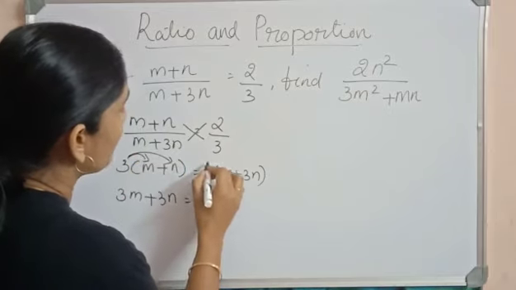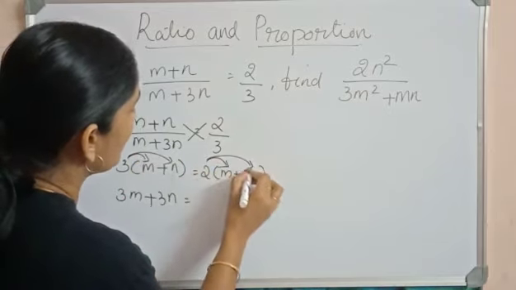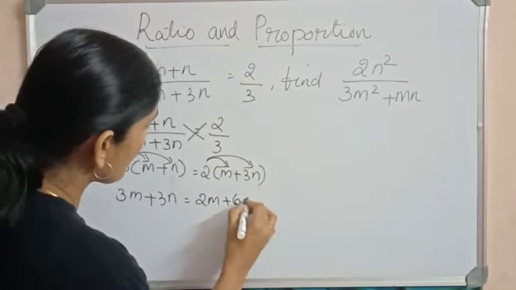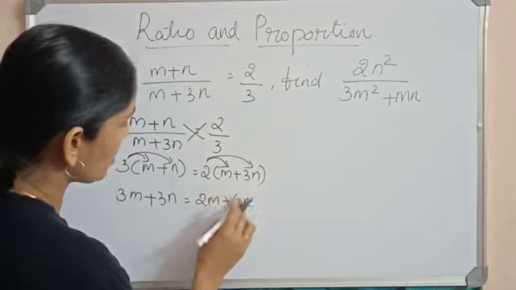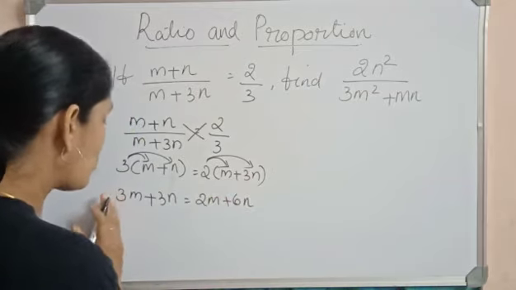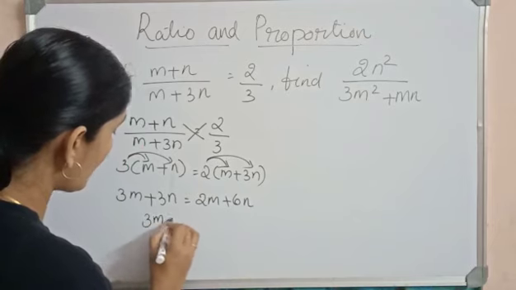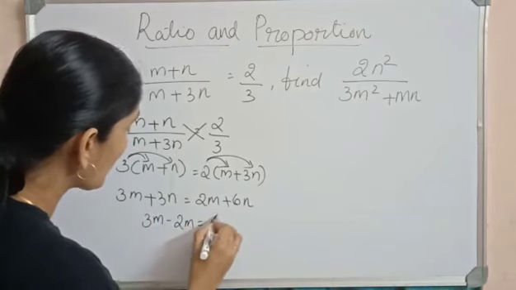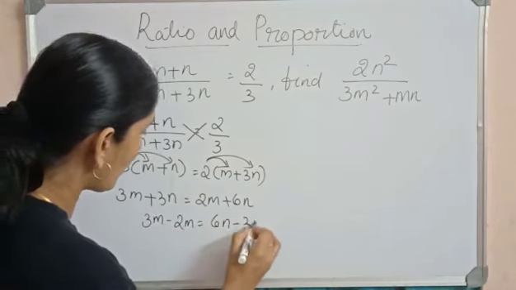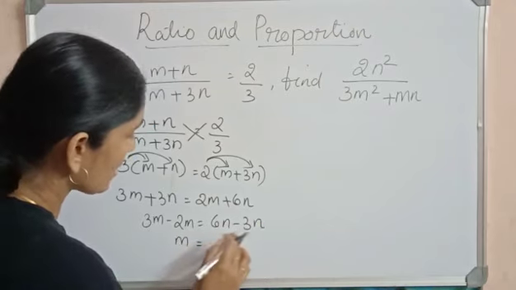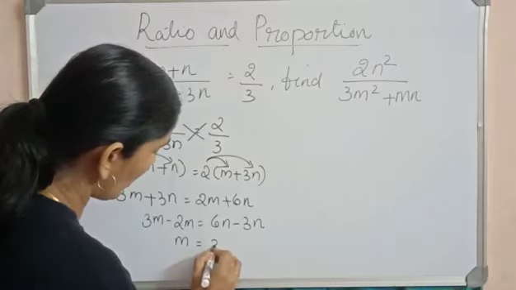The same way when you multiply 2 inside, on the right side you get this as 2m plus 6n. 2m, 2 3s are 6n. Bring all m to one side and n to the other side. We get this as 3m minus 2m is equal to 6n minus 3n. 3m minus 2m is m is equal to 6n minus 3n is 3n.